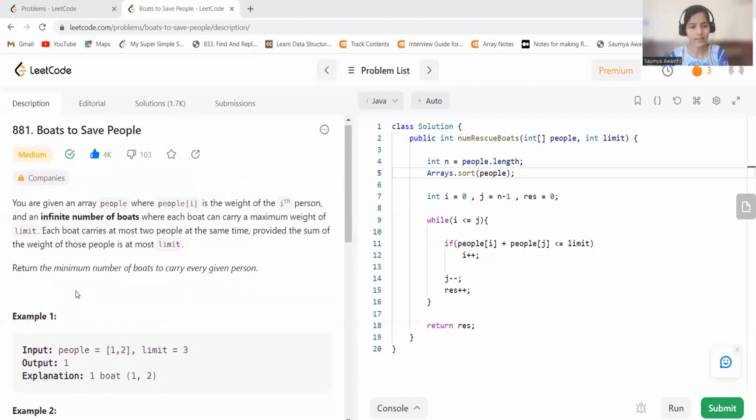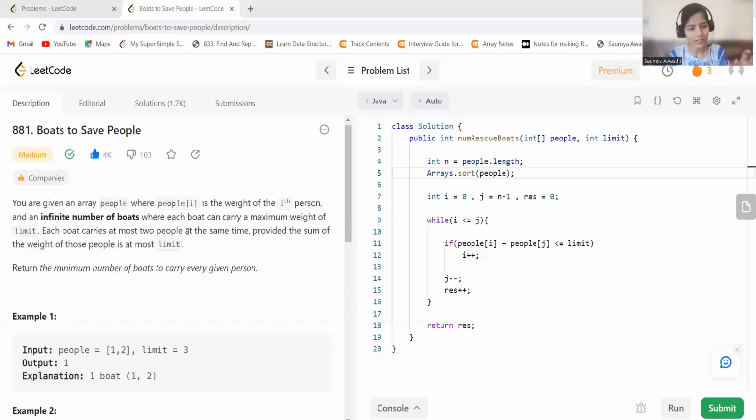Okay, so basically what do we have? We have an array termed people where people[i] denotes the weight of the ith person, right? And an infinite number of boats where each boat has a maximum weight of limit that it can carry. Each boat carries at most two people, meaning two or fewer, at the same time.